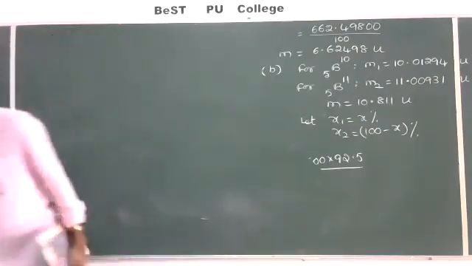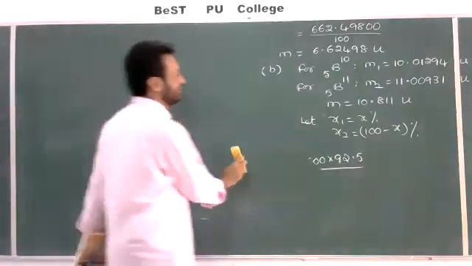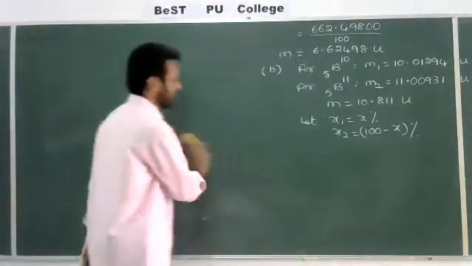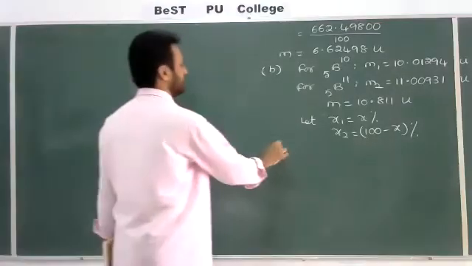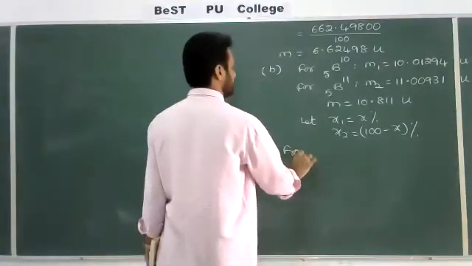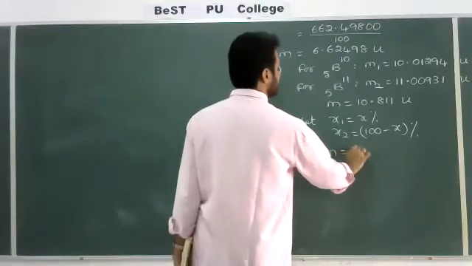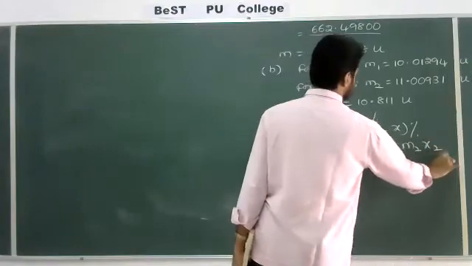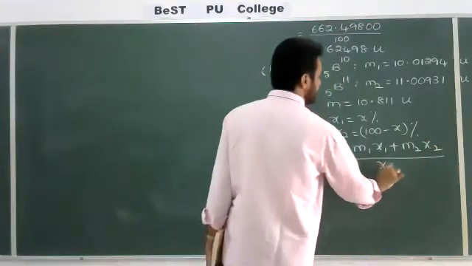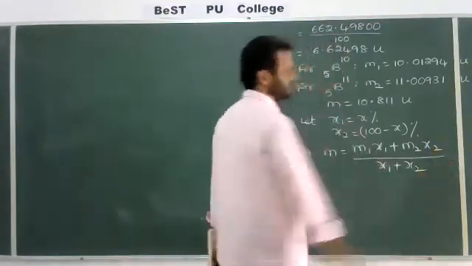Now use the formula. Average atomic mass is equal to m1x1 plus m2x2 divided by x1 plus x2.